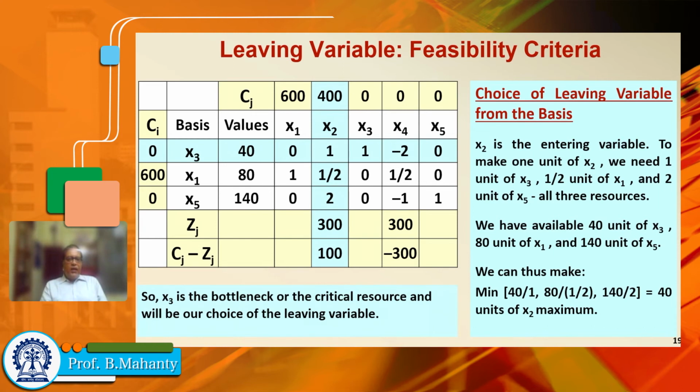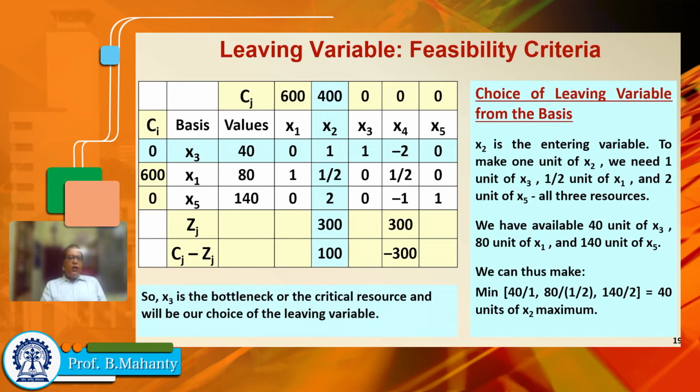So we can thus make a minimum of 40 by 1, 80 by half and 140 by 2, that is 40 units of x2, that is the maximum. All right. So now again we have to transform these using the pivot operation to the next set of tables, and we have to bring it in the canonical form.